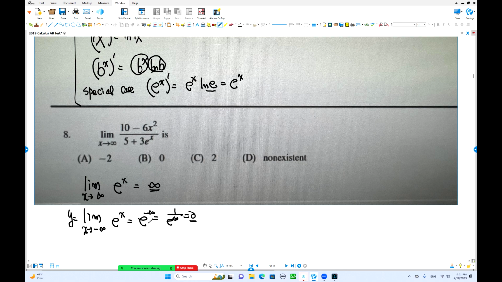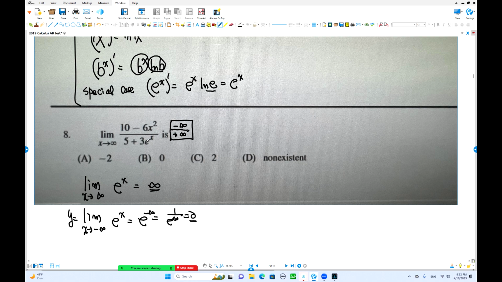Now put this number x in there. The numerator: 10 is nothing, very small when x goes to infinity. Negative 6 times infinity squared is still negative infinity. The bottom is 5 times 3 to the e to the x, positive infinity. So it's going to be negative infinity, but how big, we don't know. This is where we can apply L'Hopital's rule.